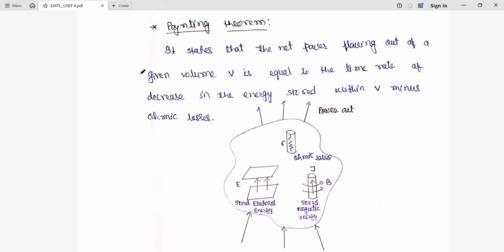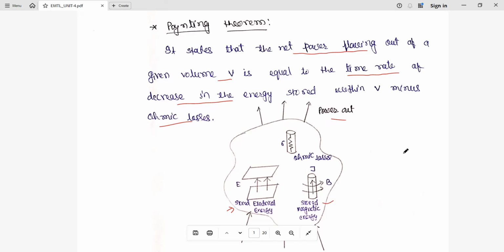The statement says that the net power flowing out of a given volume is equal to the time rate of decrease in the energy stored within the volume V minus ohmic losses. So how much energy is coming out from this particular volume is equal to the rate of decrease in the energy minus ohmic loss.